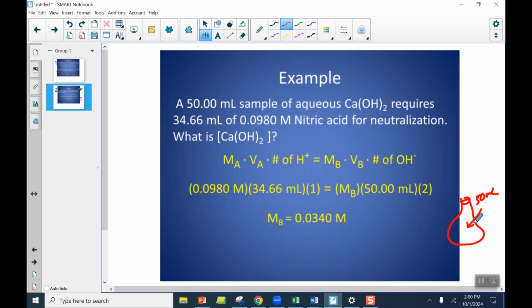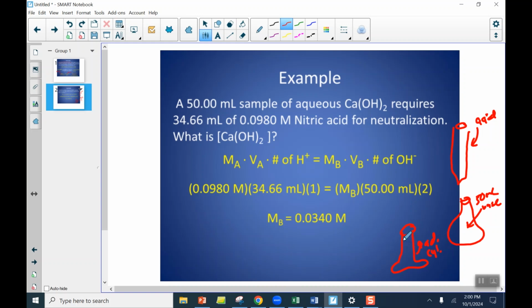Let's say that the 50 milliliters of the Ca(OH)2 is transferred to a flask. And the nitric acid is what's in the burette that we're adding drop-wise. But the base is being put in a 50 milliliter flask under it. And let's say before we even put the base into there, we measured it out with a graduated cylinder, pardon my really terrible drawings.